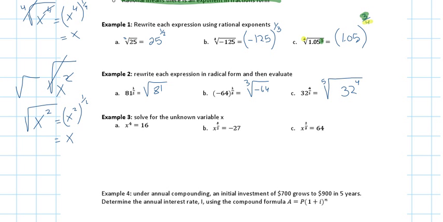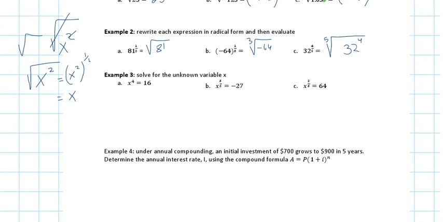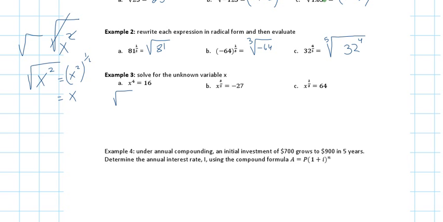So let's look at this question. This question is asking for the unknown variable x if I have x to the power of 4 equals 16. So how do you solve for x? Fourth root, right? And then when I do that to one side, I have to do it to the other side, right? So I have to raise it to the fourth root of x to the power of 4.